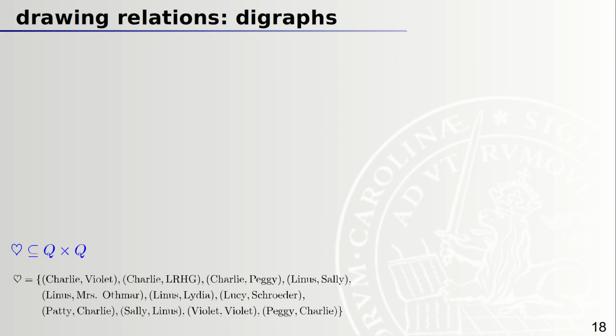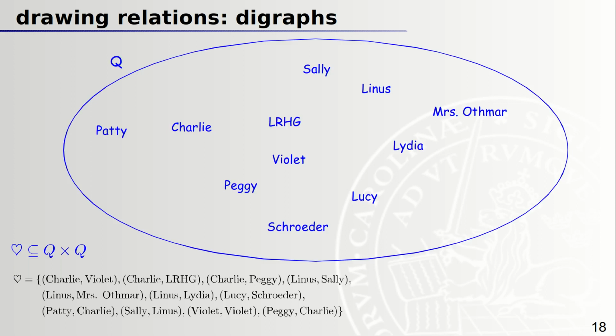Suppose we change the source of the heart relation a little by making it Q instead of P. Q is a proper superset of P, so we effectively add a few more missing elements to the source. We can then simplify the digraph representation by using the same bubble and the same elements in it as both the origin and the destination of the arrows representing the pairs, like this.